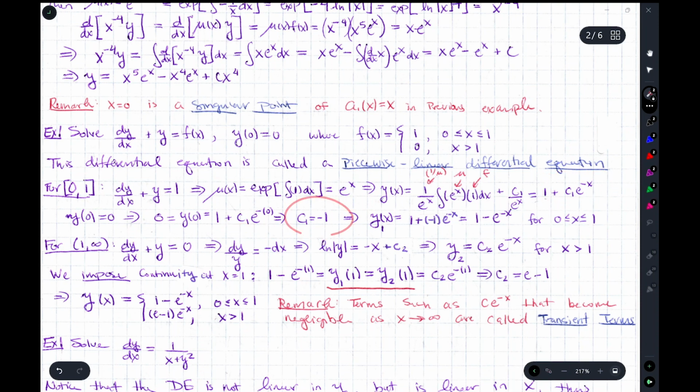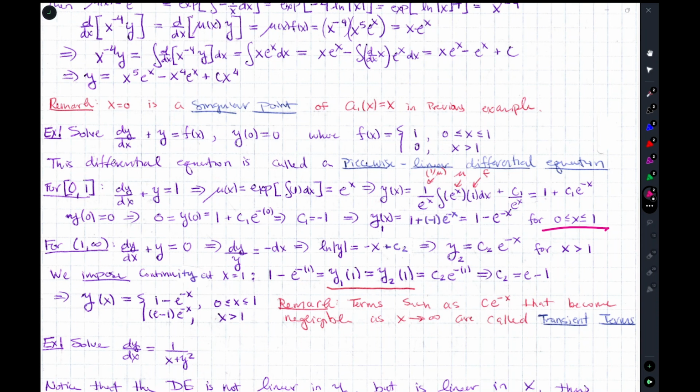And so that gives us c sub 1, and plugging c sub 1, which is negative 1, back into the solution that we got, we get this expression at the end, and this is important, just for 0 to 1.